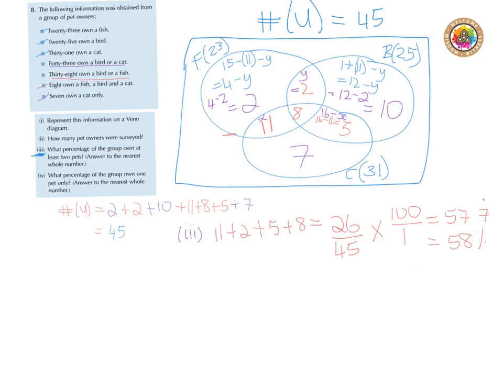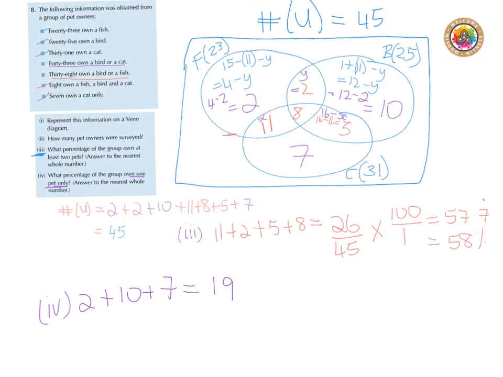Our final part of the question then, part 4, asks us what percentage of the group own 1 pet only. And so the people who own 1 pet only, it's those who just own a fish, there's 2 of them. 10 people just own a bird and 7 just own a cat. So adding those numbers together, we have 2 plus 10 plus 7, which equals 19.